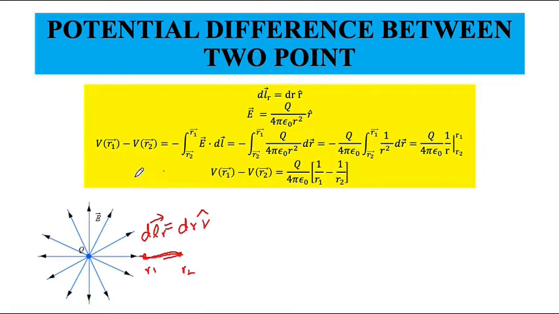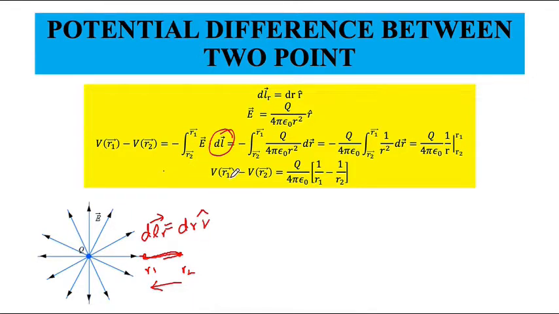So the potential difference V(r1) minus V(r2) is obtained by moving from point R2 to R1, that is, the line integration of the electric field. Right now we are fortunate that E vector and dl we have chosen to be along the same direction, parallel.